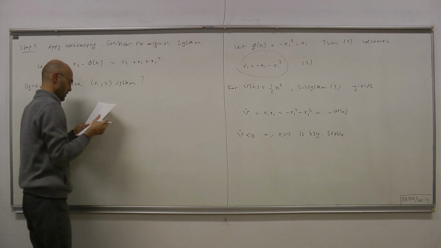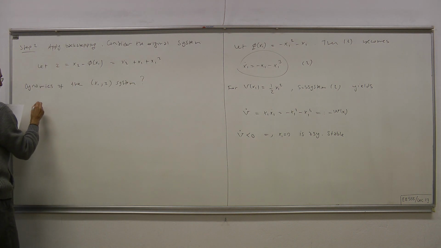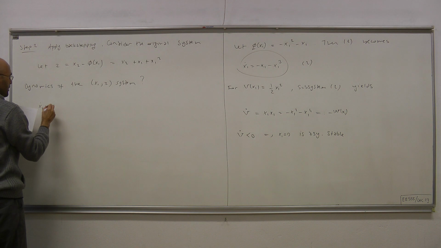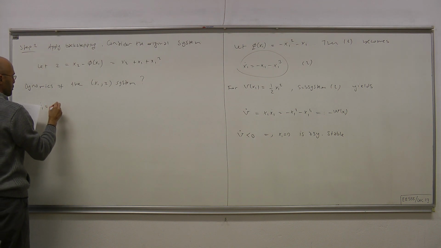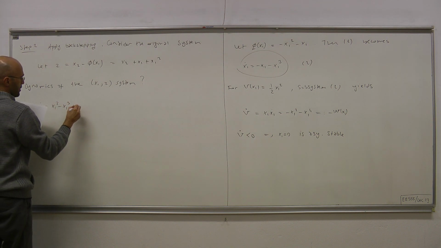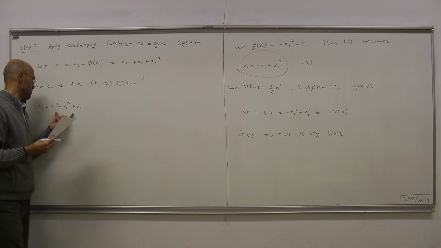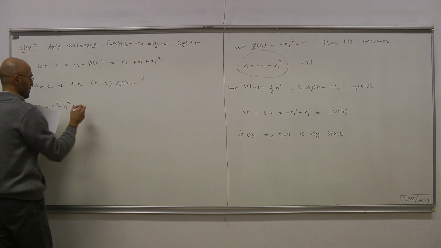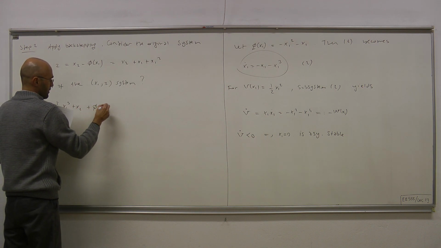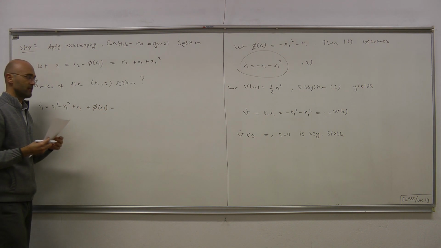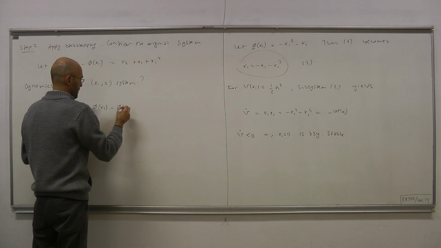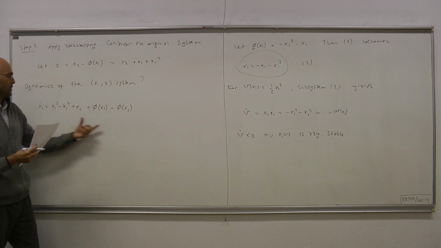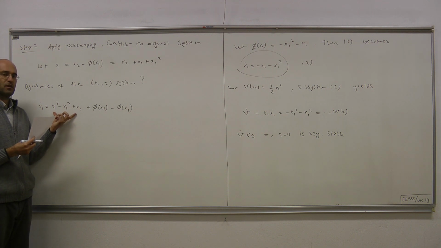So x1 dot is x1 squared minus x1 cube plus x2. So this is the original right hand side for x1 dot. Let's add and subtract this term. This is clearly 0, and we have the original subsystem.